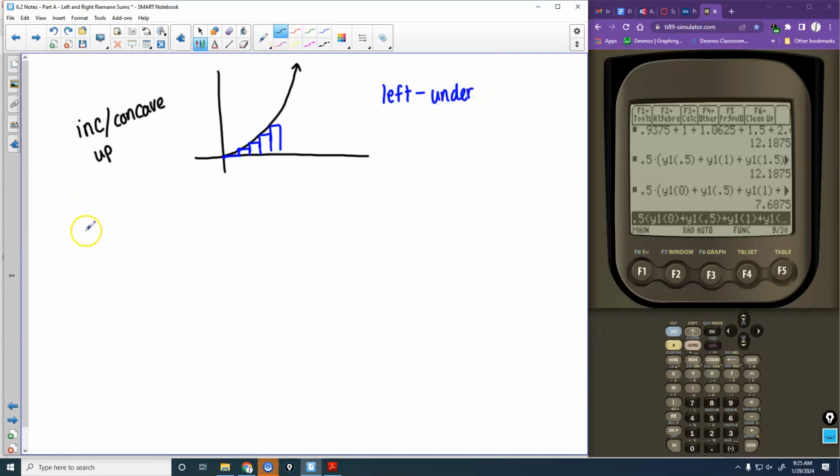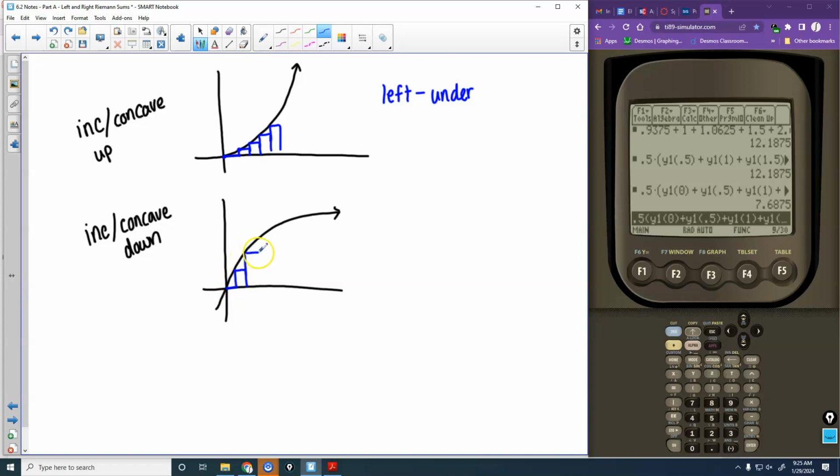Let's consider increasing concave down. Increasing concave down would look like this. If I do left endpoint, so the left corner of that rectangle's on the graph, over or under? Still under. Right?